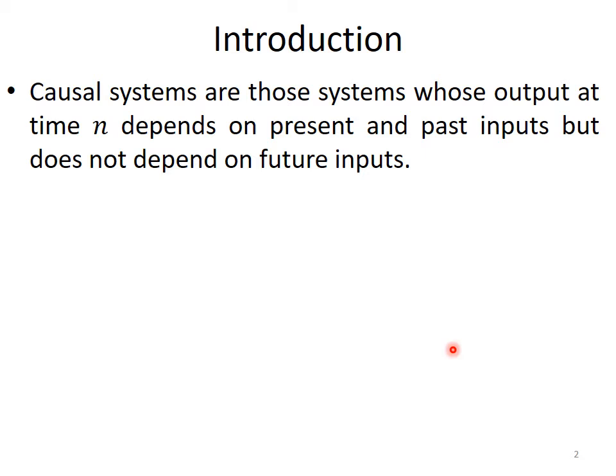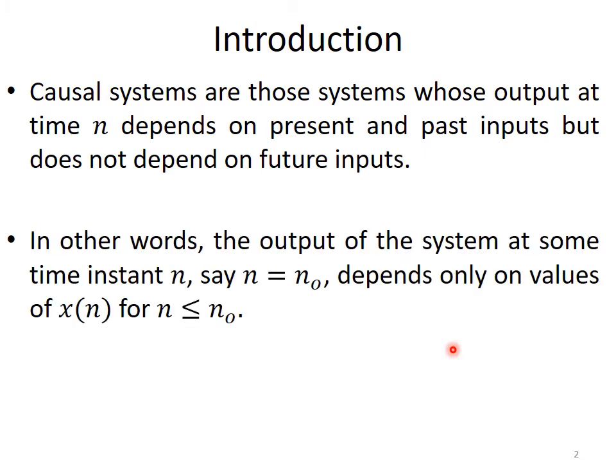Causal systems are those systems whose output at any time depends upon the present and the past values of the input, and it does not depend on the future inputs. This is what happens in real time: the inputs which have already been applied, or which are currently being applied, are known, and nobody knows what the future input will be.